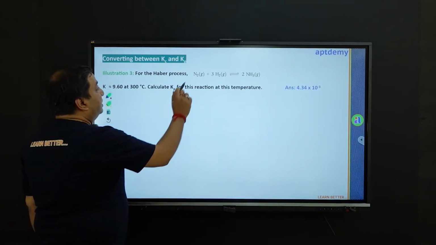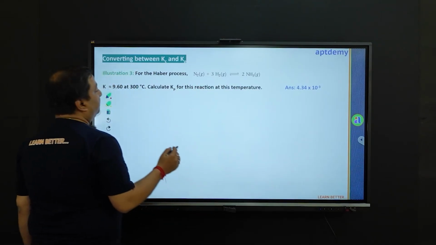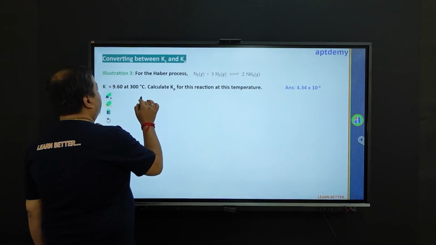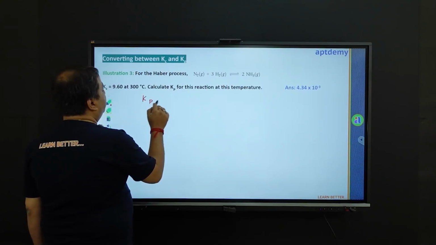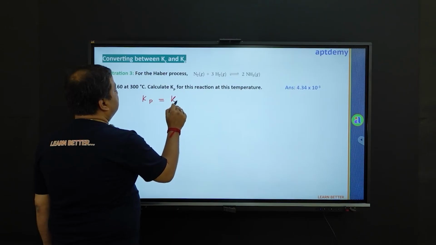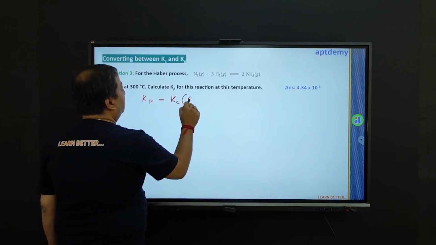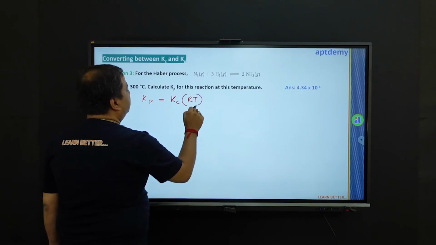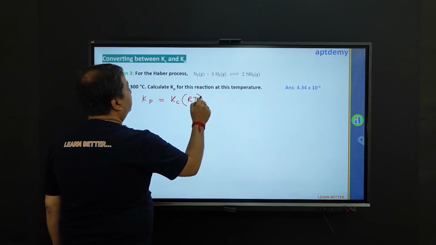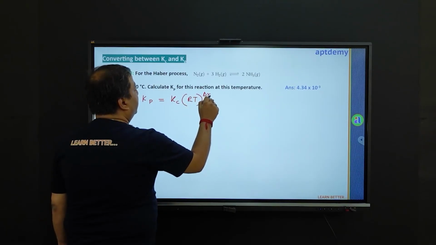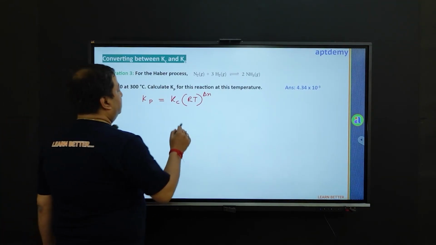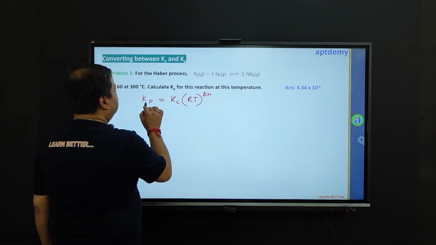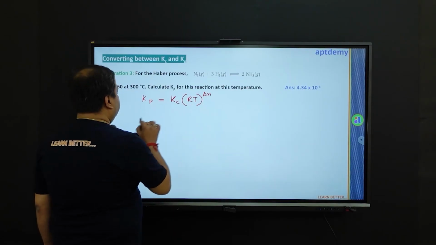First of all, we will calculate delta n. Even before that, let us write the expression. We know Kp is Kc times within parenthesis RT raised to the power delta n. Okay, so let us find delta n.